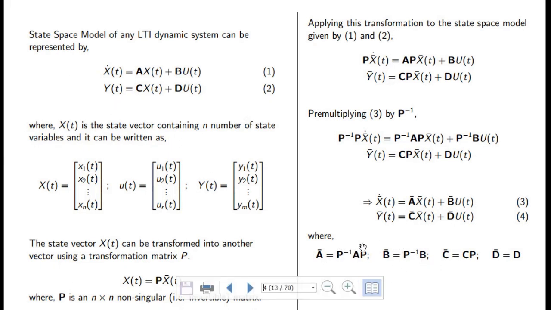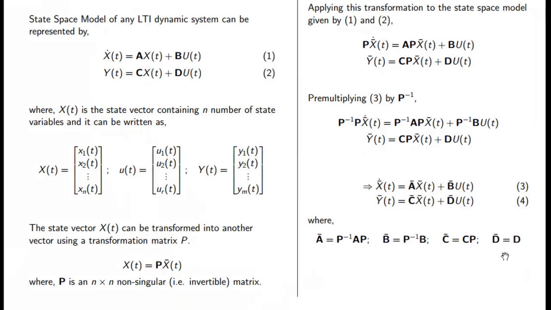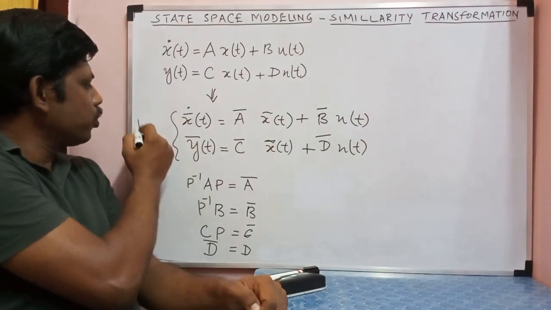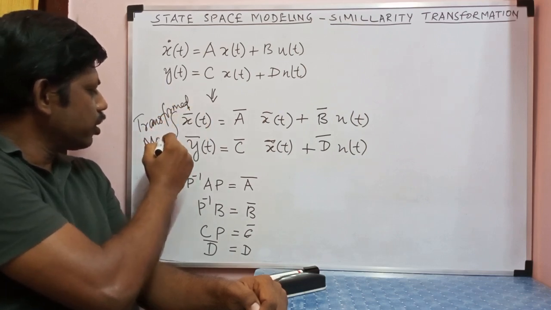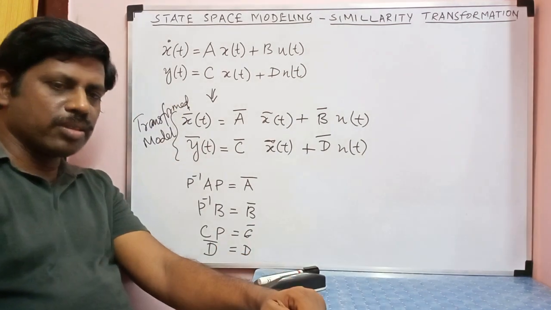Where A bar is given by P inverse AP, B bar is given by P inverse B, C bar is given by CP, and D bar is given by D. Doesn't it look almost, not almost, it's the same structure? This state space model is in the same structure as the original. So this is what I call a transformed model.